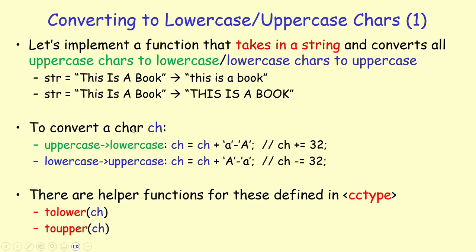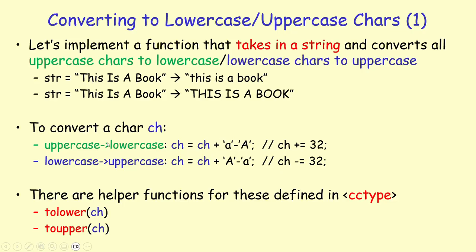It is easy to convert a character from uppercase to lowercase. All you have to do is say character plus lowercase a minus uppercase A. Remember, on the ASCII table, the ASCII value for uppercase A is 65, and the ASCII value for lowercase a is 97.